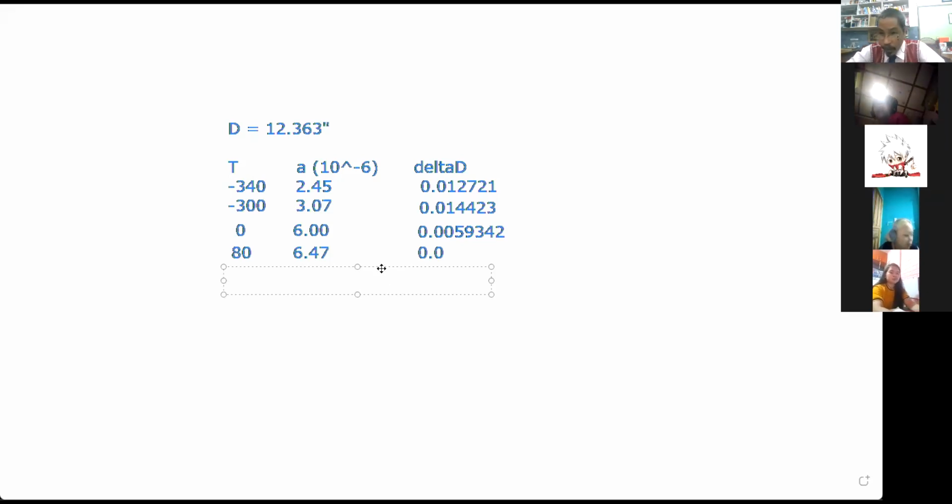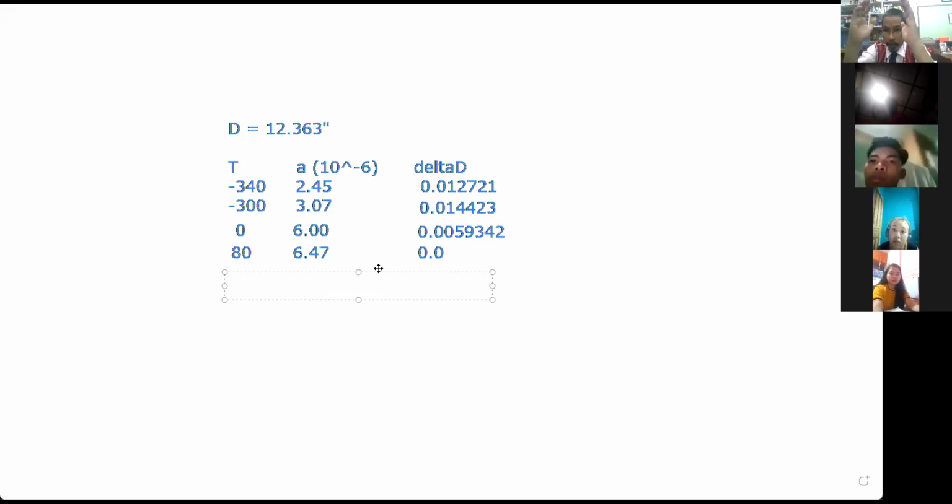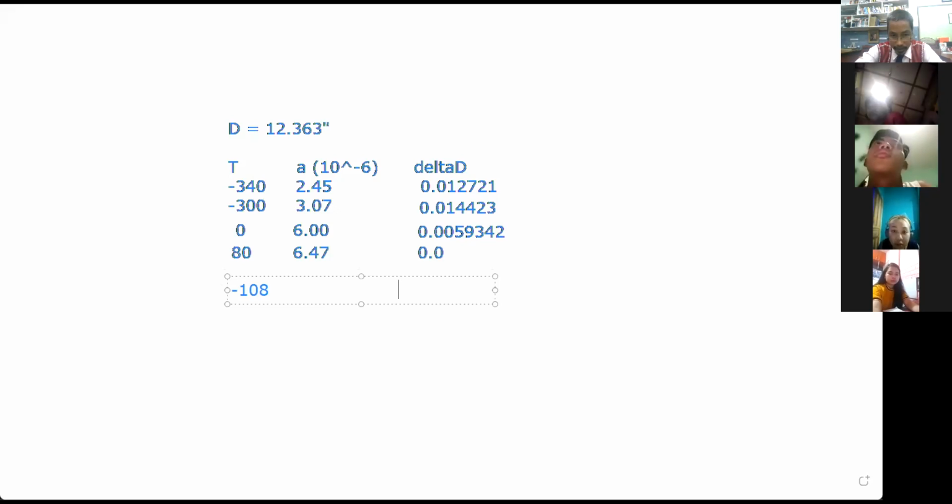Find two temperatures in the table that are near to the negative 108 degrees. Because our question is, what about negative 108 degrees Fahrenheit? What is the delta? Here's the question.